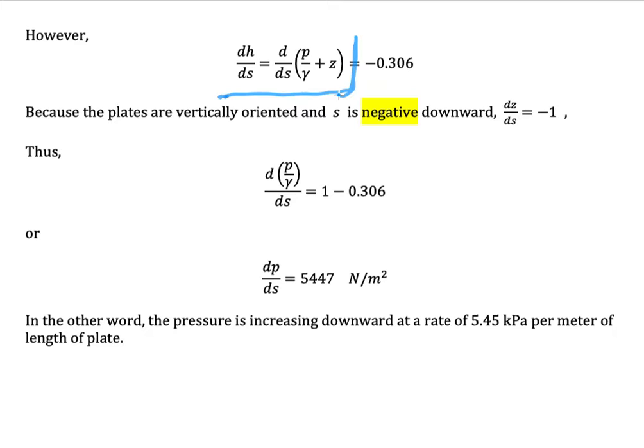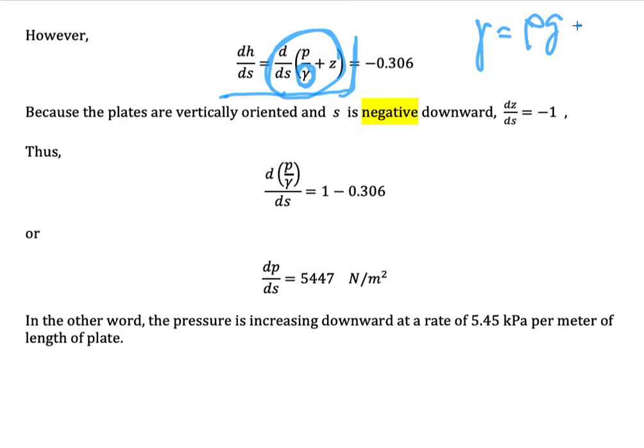We split this term, so it will become dp over gamma, where gamma is rho g, the density and the gravity.